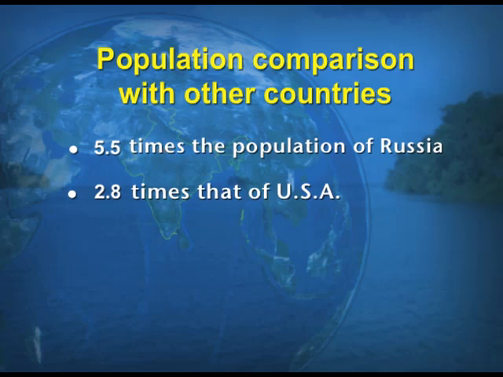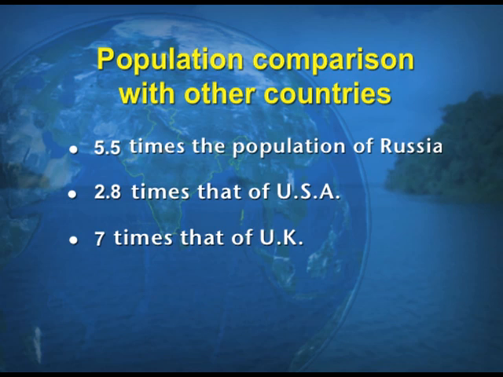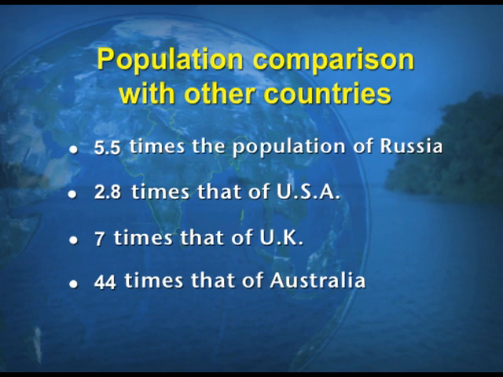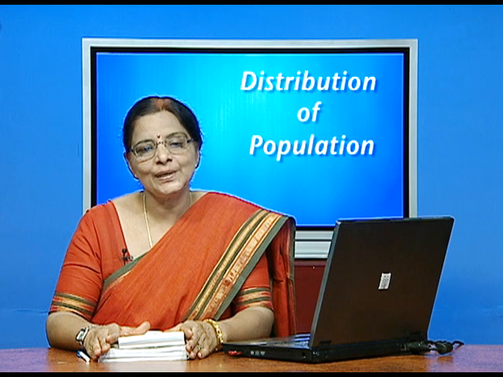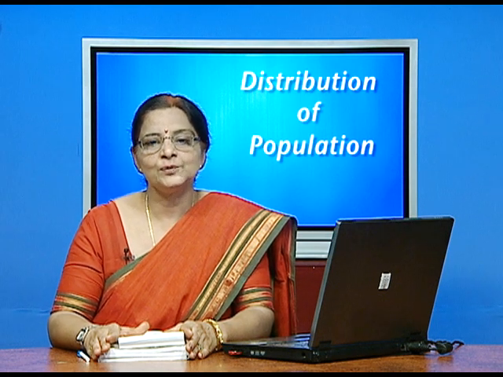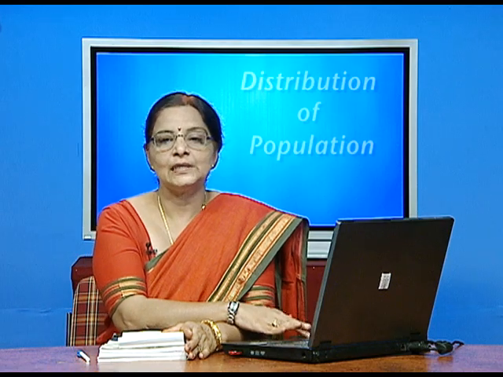It is 7 times more than the population of UK. And the most interesting fact is, its population size is 44 times more than that of Australia. I repeat it, children, this is 44 times more than the size of Australia.